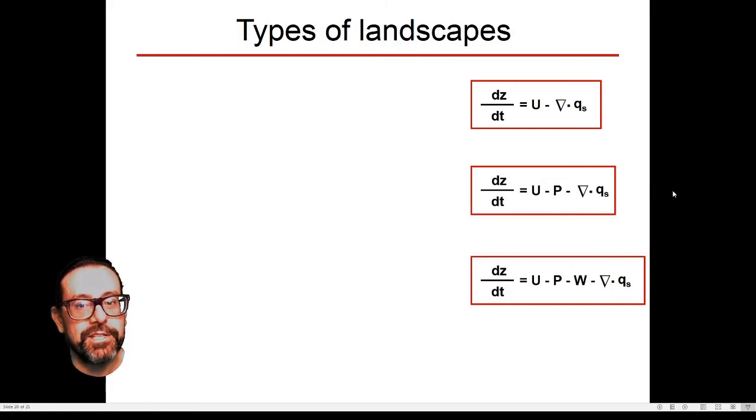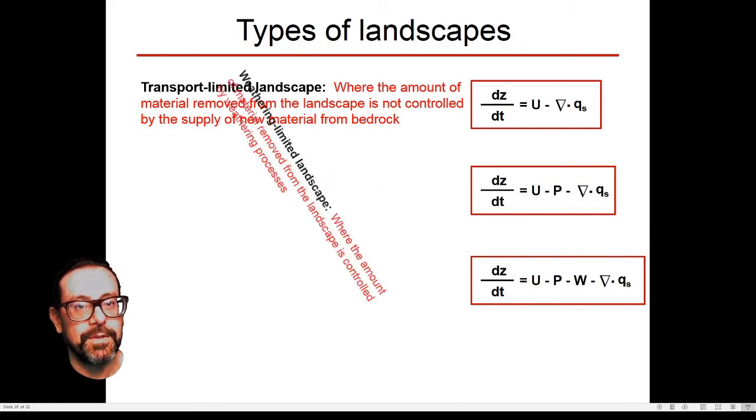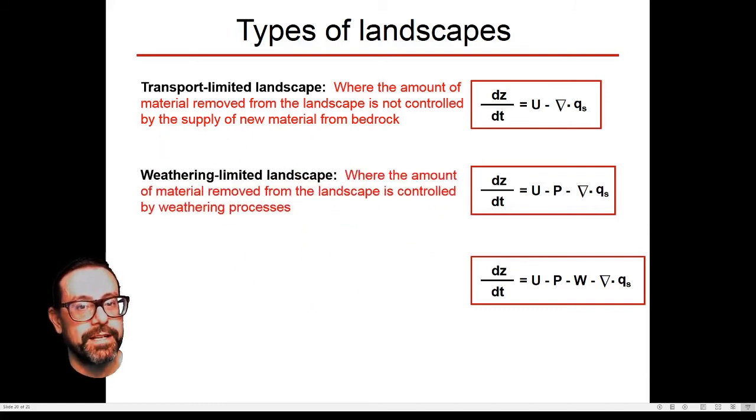So that brings us to these three different types of landscapes, each one of which has its own version of the mass continuity equation. The first is a transport limited landscape, and that's where the amount of material removed from the landscape is not controlled by the supply of new material from bedrock below. We have weathering limited landscapes.